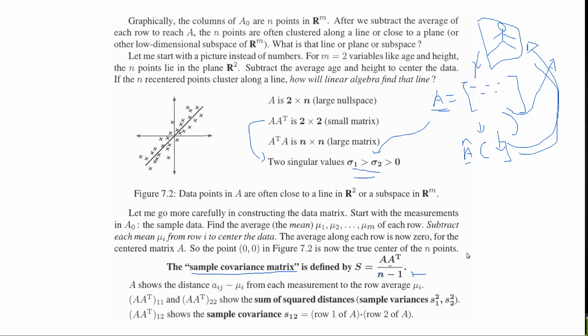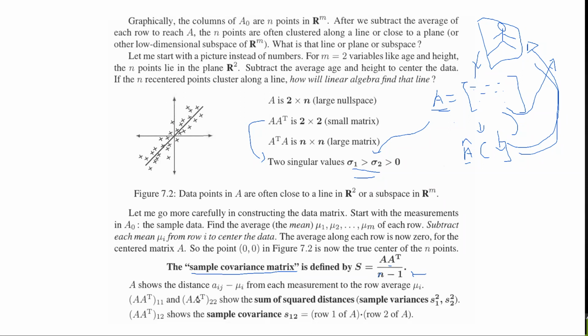You remember that for the variance, if your sample size is not that big, you would divide by n, but a statistician says that it's better to divide by n minus 1. So we divide by n minus 1, where n is the sample size. So we can form what we call the sample covariance matrix.